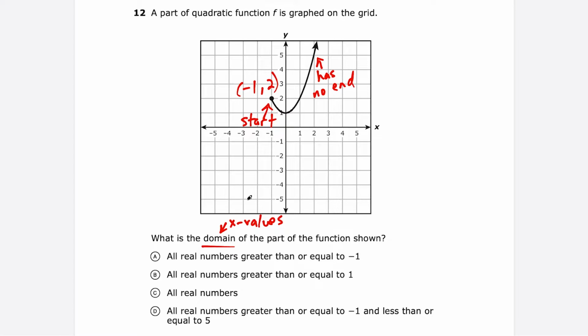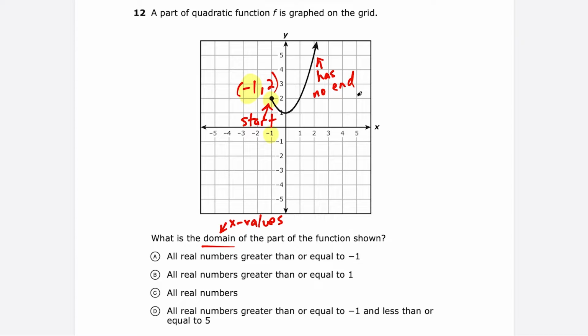So now, once again, the domain is the set of all possible x values. So if the first point here is starting when x is equal to -1, -1 marks the beginning of the domain, but we just keep going to the right, okay? This function has no end, so that means our domain is going to continue all the way to the right like this.